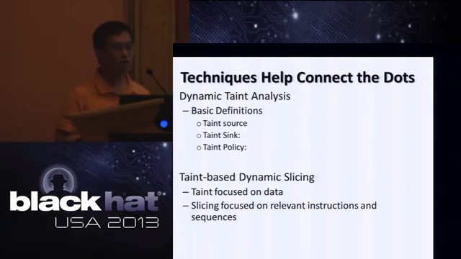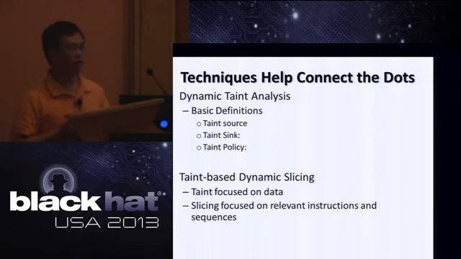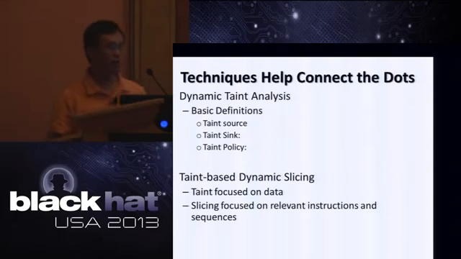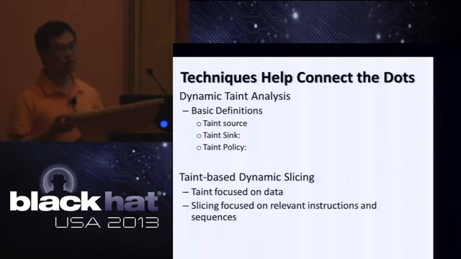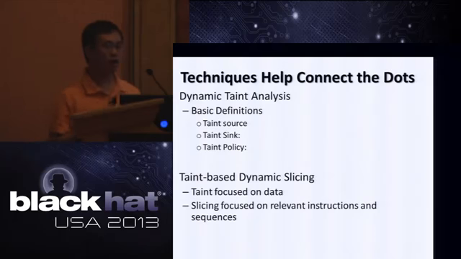So let's assume that people don't have a deeper background in this technique. Let's start with a few basic definitions. Taint source is the data you want to start with. Taint sink is the data you eventually care about. And taint policy is how the taint source might affect the sink.